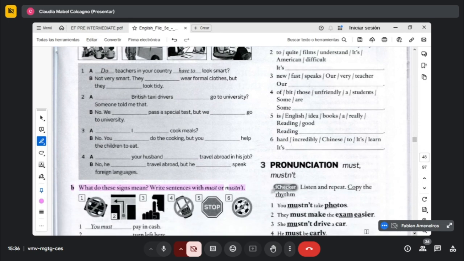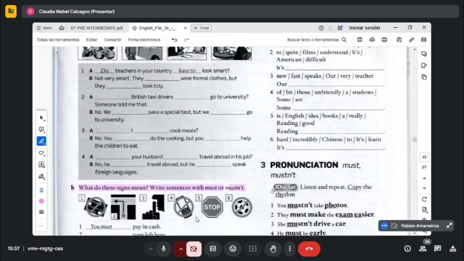3. Continue. Okay, well, if you want to, yeah, why not? 3A. Do you have to help the children do it? B. No, you don't. You don't have to. 4A. Does your husband have to cook meals?